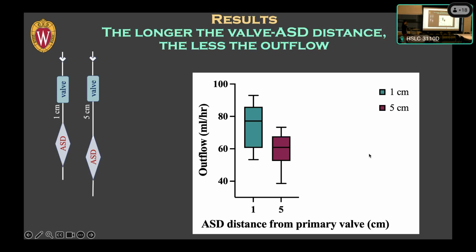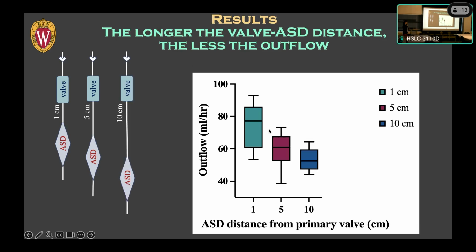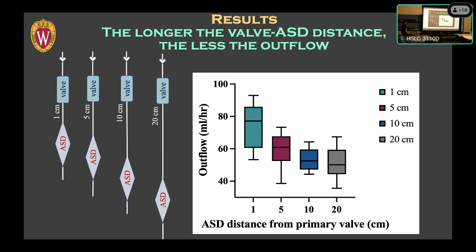And we can see here, if the anti-siphon device is 5 centimeters away from the first valve, we have better results than if it is 1 centimeter away. And as the distance increases, the effect is even better. The outflow is better at 10 centimeters, at 20 centimeters, though we did not go beyond 20 centimeters so far.